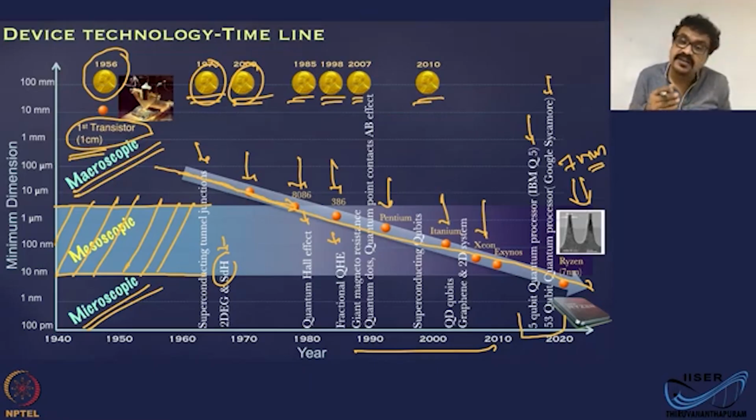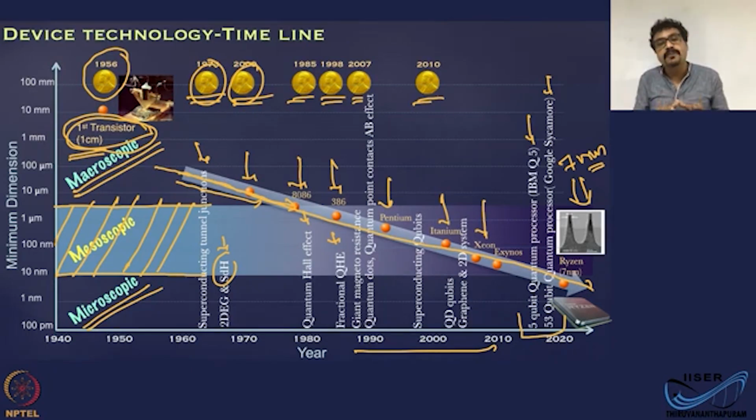The developments of technology which have driven the large processors into the nanometer range have also enabled the scientific community to probe smaller solids in lower and lower dimensions, right?